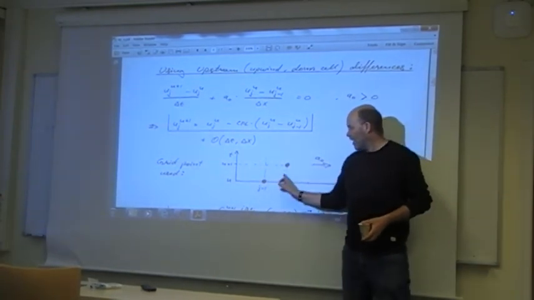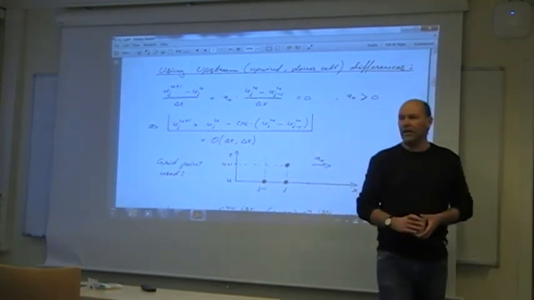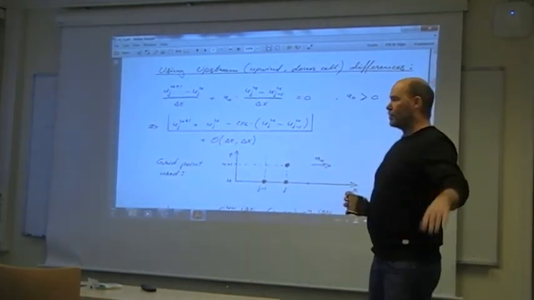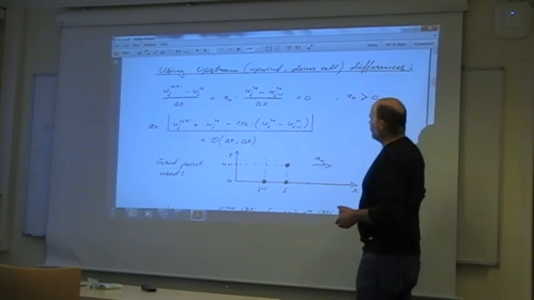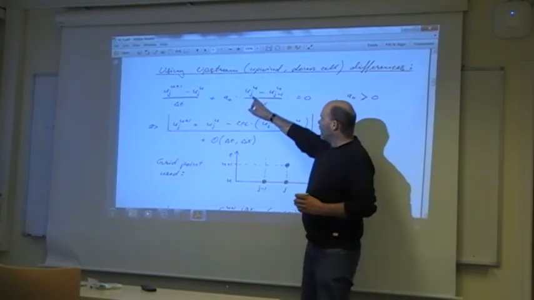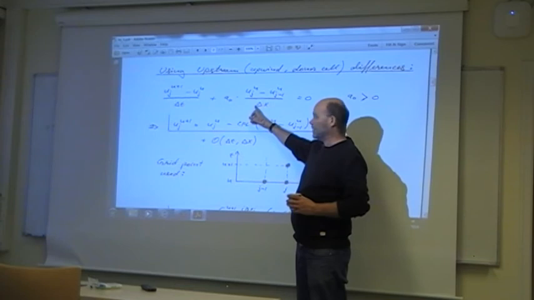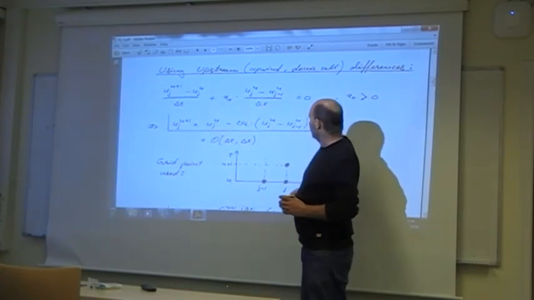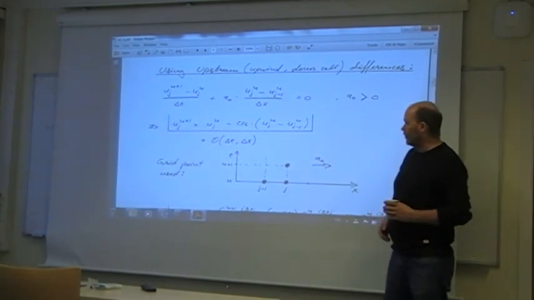So for the old values, I will take something to the left, meaning the upwind or upstream direction. So that's the philosophy. So the only change from the central space discretization, where we had j plus 1 and we divided by 2 delta x, is that. The price we pay is 1 order of accuracy.